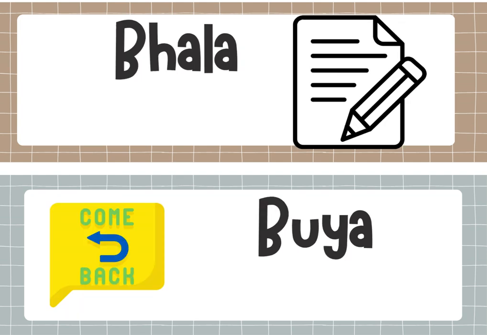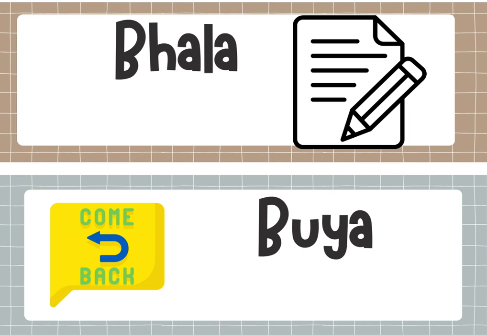Okay, the next one is bala, and this is our last slide. Bala, which means to write. The teacher can say, okay, now it's time for you to bala your own sentences, or to bala what I've just explained. Or they can use the next word, which is our last word for today.